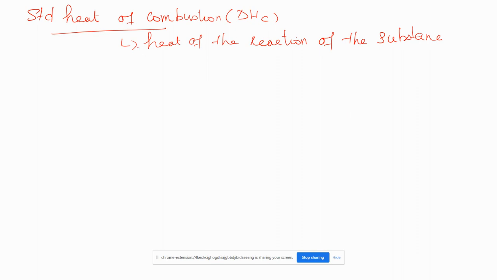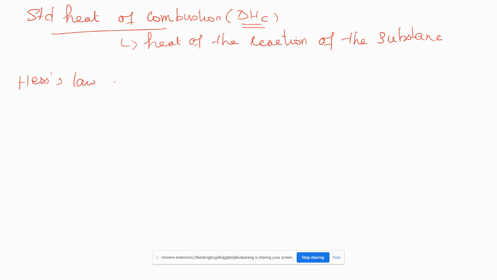Whatever heat we get when both the reactants and products are at the standard state, we call it the standard heat of combustion. That is represented as del Hc.